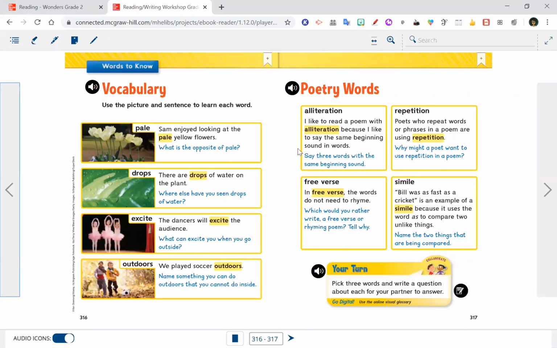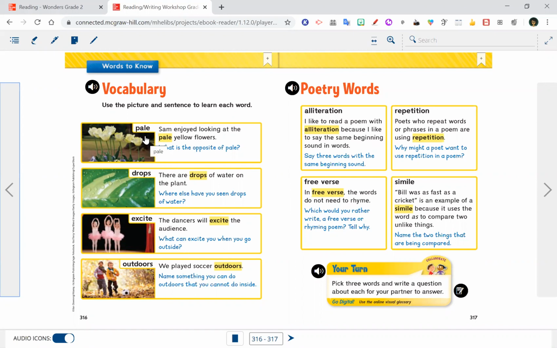So now we are in our reading and writing textbook. Remember that small book we used to have in class, that textbook? Well, this is the one, but this time it's online. And we see over here, we have our 4 vocabulary words. Do you remember what these words are?